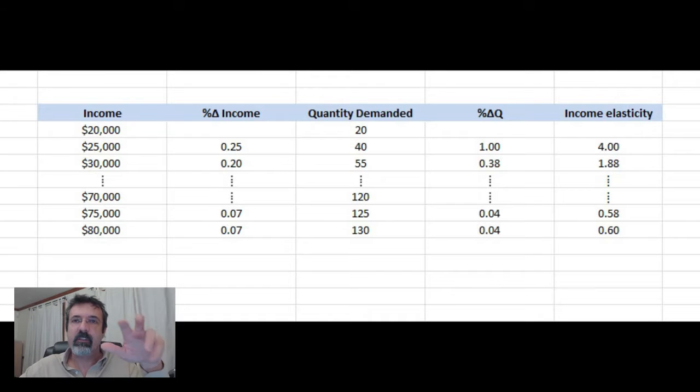So 4.0 is the person's income elasticity. As your income rises from $25,000 to $30,000, the percentage change in quantity demanded is 38%. The percentage change in income is 20%. 38% divided by 20% is 1.88. So you see all these various income elasticities. You calculate these very similarly to how we calculated the price elasticity.